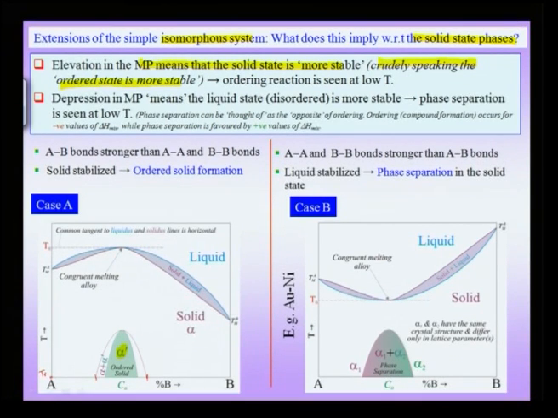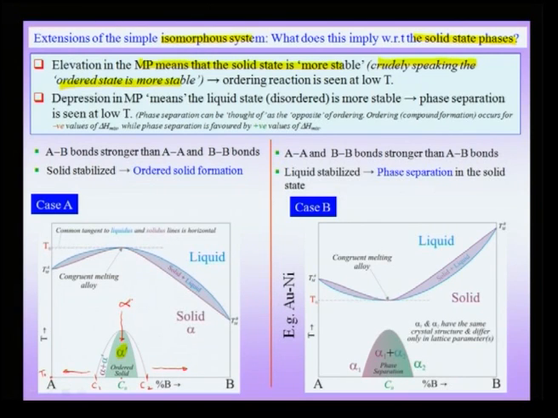So, for this temperature T1, if I choose a composition to the left of, say I call this C1 and I call this T2, there will be no ordering transformation. If I choose a composition to the right of C1, there will be no ordering transformation. But if I choose any composition in between, say for instance composition C0, which is marked here, then this alpha solid solution, which is now a disordered solid solution, will get ordered at low temperature.